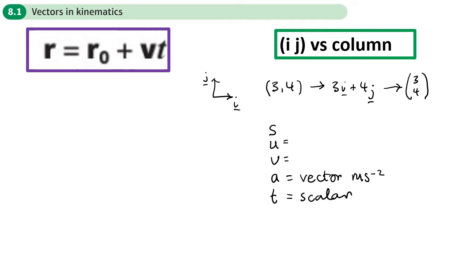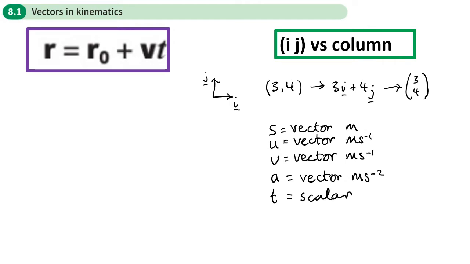Initial and final velocity can be vectors as well, in meters per second. And displacement can also be a vector, in meters. The only thing that's a scalar would be time, and you can use vectors in any SUVAT equation.